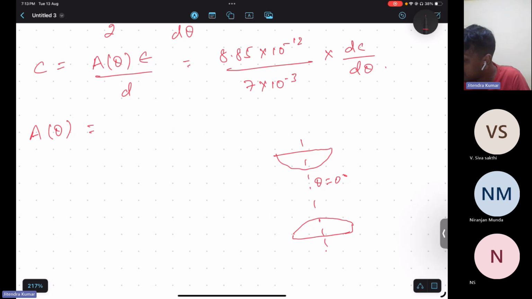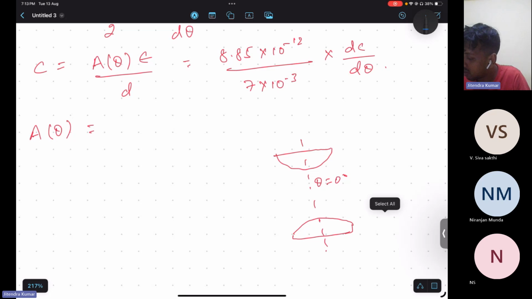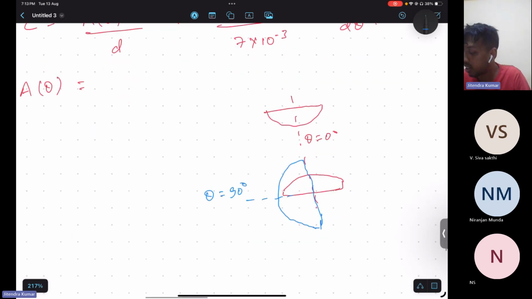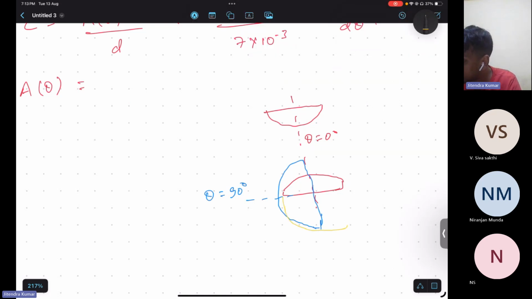It can rotate till it comes to this axis, which is theta equal to 90 degree. Still there will be overlapping area. The overlapping area ends when this semicircle reaches this position.